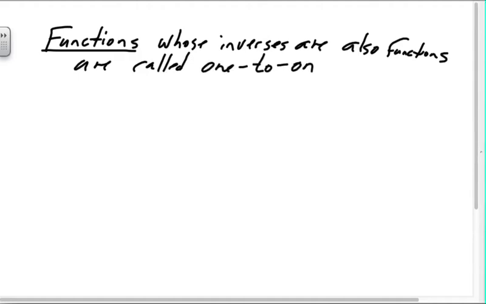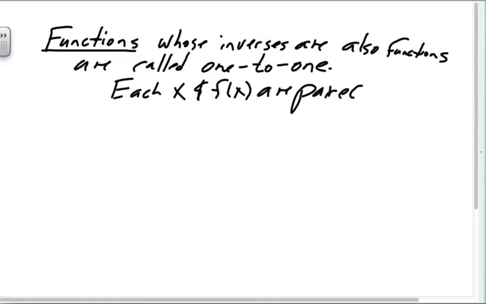Now, as a definition, that's all right. But as a useful tool to tell if something is one-to-one, this really isn't very useful. But basically, all this is saying is that each x and f of x are paired uniquely. And again, to try to get a concept of what's going on, this is all right. To actually find it, this is not so very good.